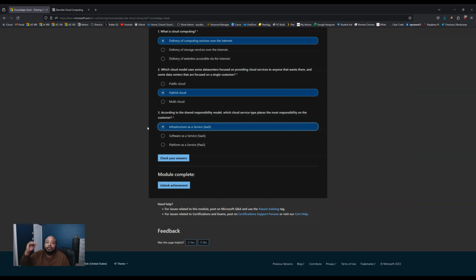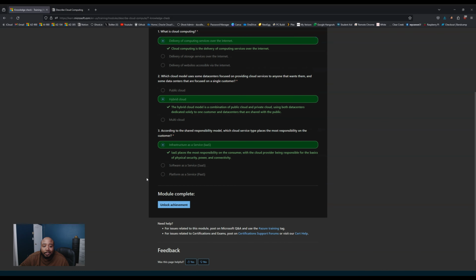Everything else the consumer is responsible for. That includes the identity and directory services, the operating system, the applications, the accounts, the devices they use, and the data. All of that's the consumer's responsibility. So, which cloud service type places the most responsibility on the customer? Infrastructure as a service. So check your answers.